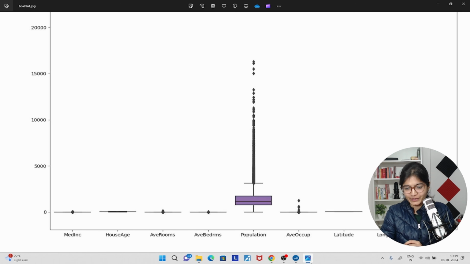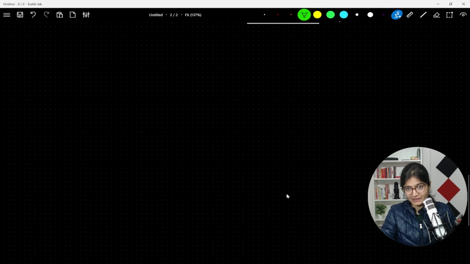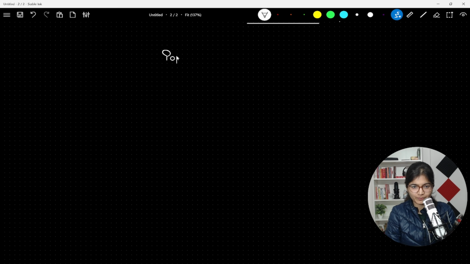So what usually happens when we have something like this kind of architecture, please try to understand from this box plot what I'm trying to convey here. Apart from population, population has a much bigger range, as we just observed.